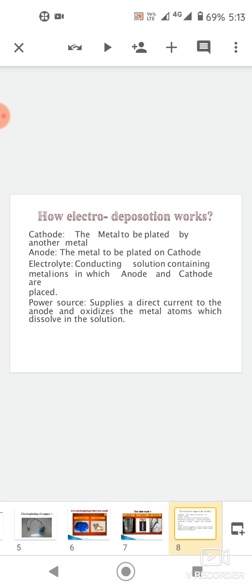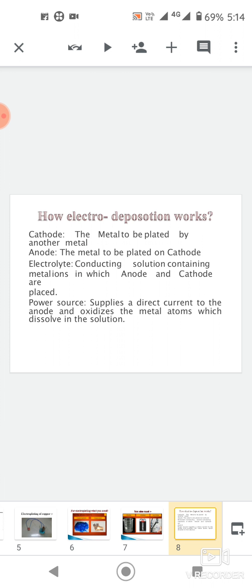How does electro deposition work? Cathode: the metal to be plated by another metal. Anode: the metal to be plated on the cathode. Electrolyte: conducting solution containing metal ions in which the anode and cathode are placed.